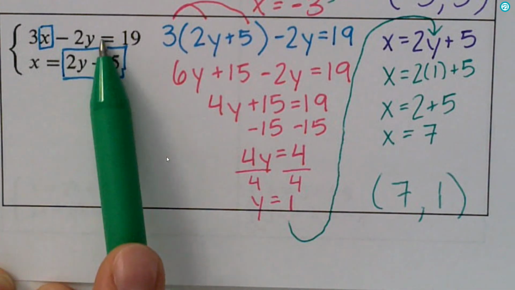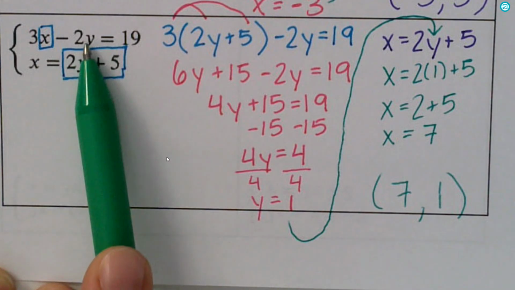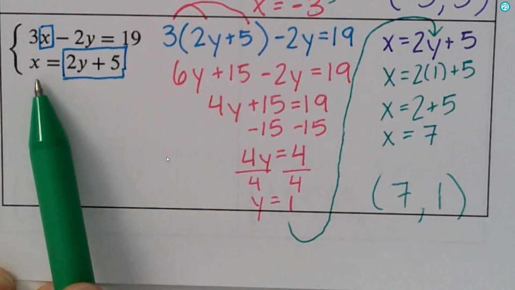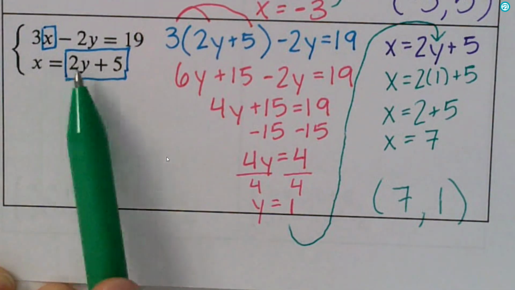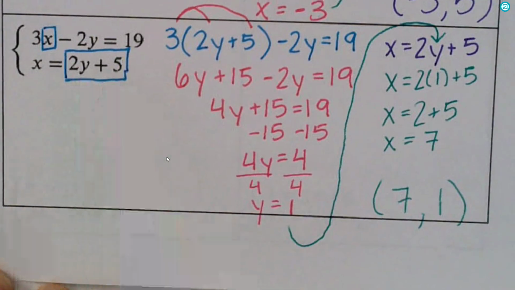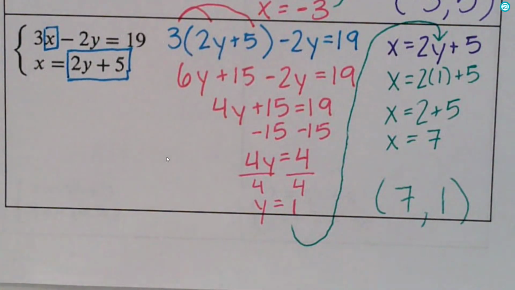Minus 2 times 1. What's 2 times 1? 2. 21 minus 2 is 19. So that one works. And then we could plug in here too. So we would want to make sure that x equals 2 times y, so 2 times 1, which is 2, plus 5, 7 equals 7, that works, okay? So you could always plug your x and your y back in to make sure that they both are correct.